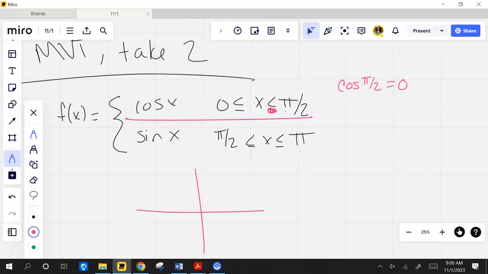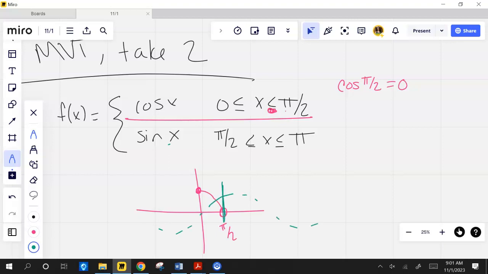So whatever else this graph does, we know what cosine looks like, right? But at pi over 2, so here's a half of pi, it's 0 and it's an open dot. So it's going to do something like this because this is at 0. So here's the first part. Now the second part is sine x, and remember sine x is doing something like this, right?